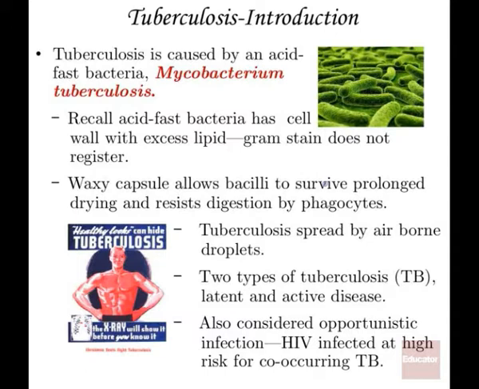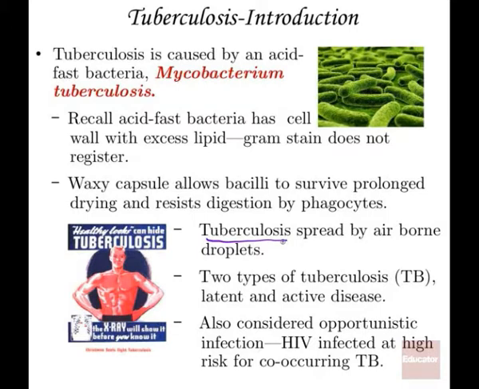And we'll see that this property that the Mycobacterium tuberculosis has enables it to have been around since the beginning of humankind. And tuberculosis as a disease is spread by airborne droplets. There are two kinds of disease. There's latent disease and active disease.